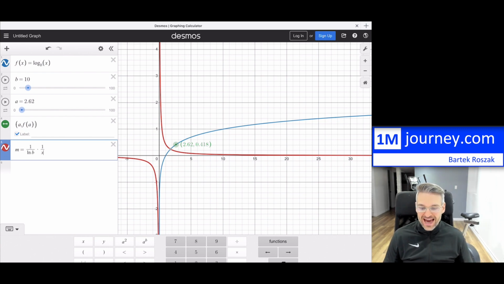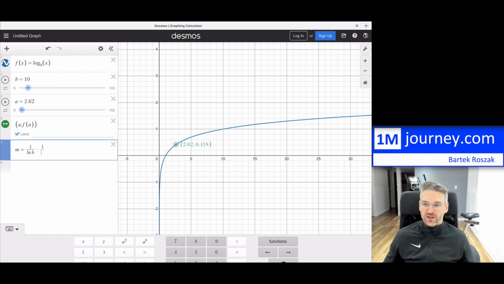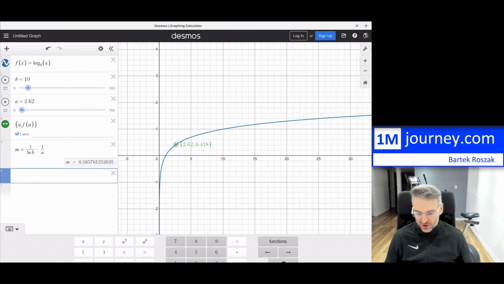Now, the x itself, we are setting because we want to know what the slope actually is at a particular point. So that point is going to be a, because I'm substituting a for x. So I'm going to put that in there, and that gives me the slope at that point. Now, with that slope, I can actually find out my equation of the line. y is equal to mx plus b.